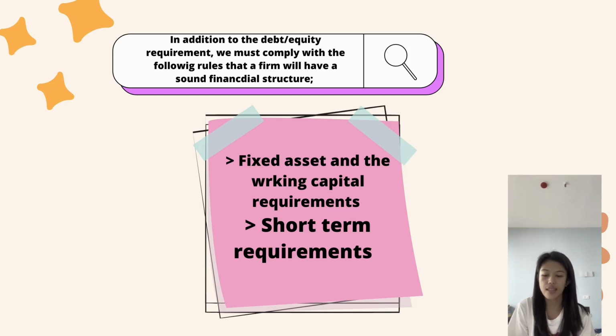First is to fix asset and the working capital requirements. Means during normal operations must be financed from the owner's equity and long-term loans or long-term liabilities. While short-term requirements, like additional working capital during peak seasons like Christmas, school opening, and other special occasions, must be funded from sources that offer short-term loans like 36 to 90 days, short-term bank loans of 2 or 3 months, pawn shops for 3 months, friends, relatives, and family members.